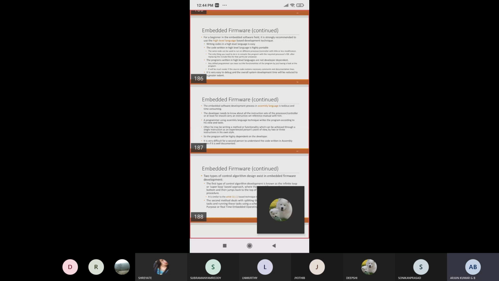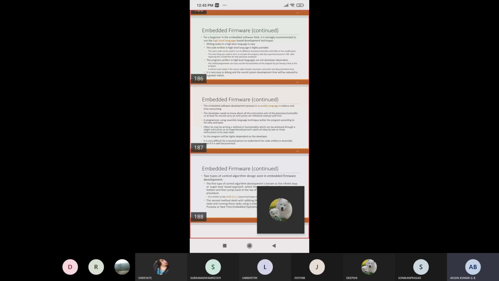Embedded software development in assembly language is tedious and time consuming. In assembly language, moving data, sending data, storing data or processing data requires many more instructions, so executing these instructions takes time, but not in a high level language program, where processing is done within one line.